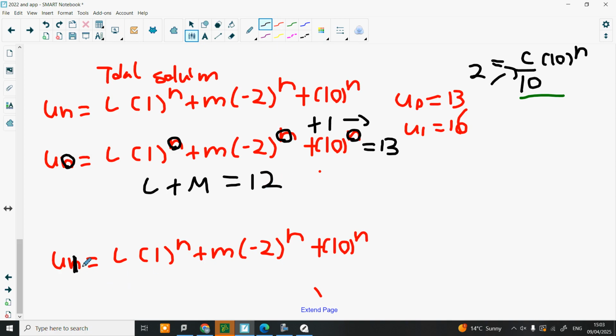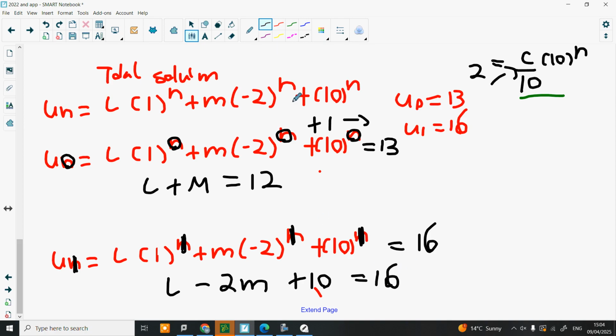Same thing again. This time it's 1, 1, 1, 1, 16, isn't it? So it's L minus 2M plus 10 equals 16, and that means it'll equal 6, doesn't it?